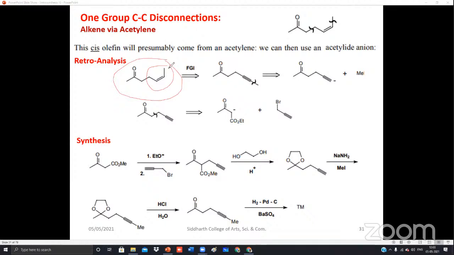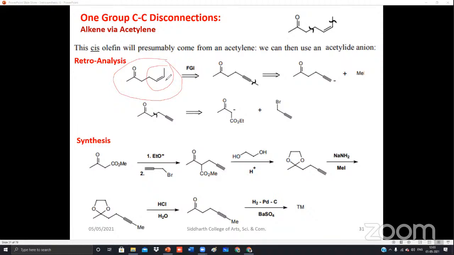Now if you have the cis geometry of the alkene, then you should logically think about the reaction called Lindlar reduction. So that means in the molecule you have to incorporate somehow an acetylene triple bond compound, and then you have to reduce it to the double bond by using the Lindlar conditions.